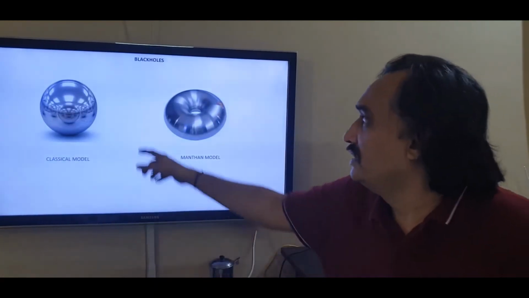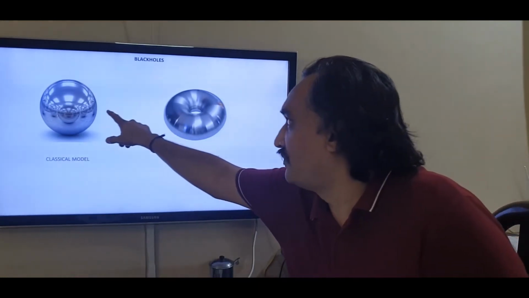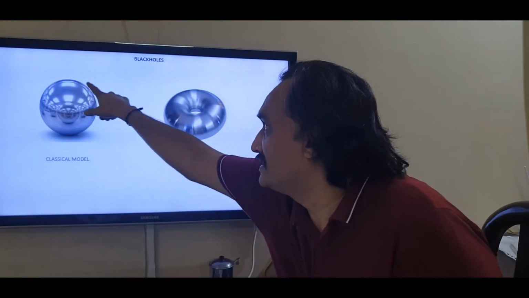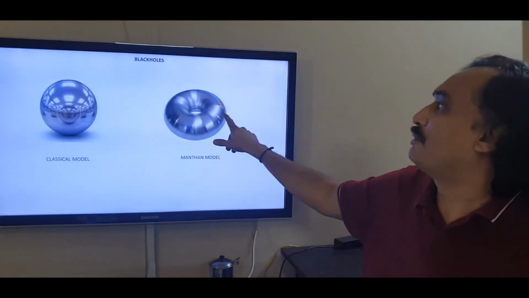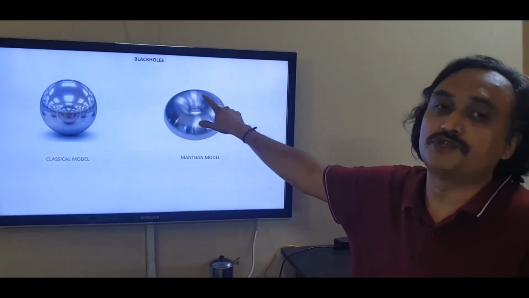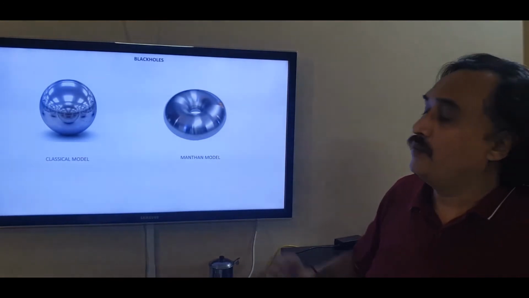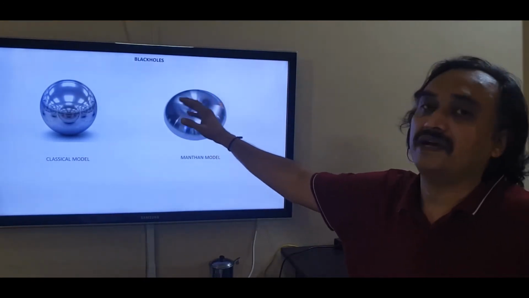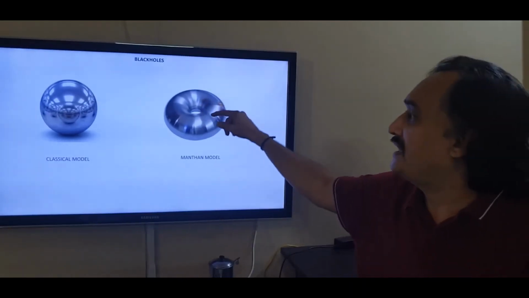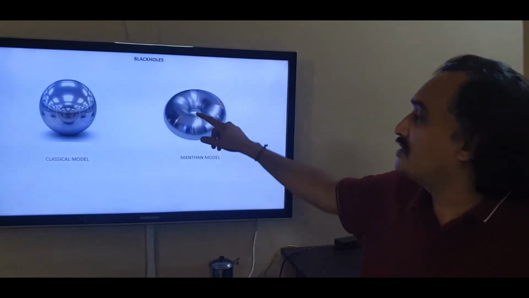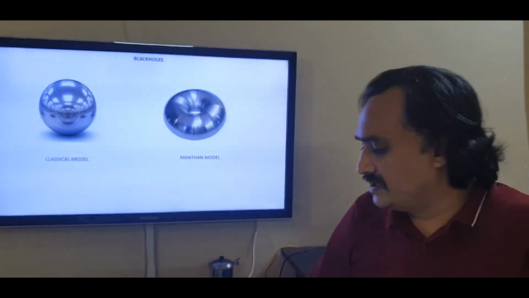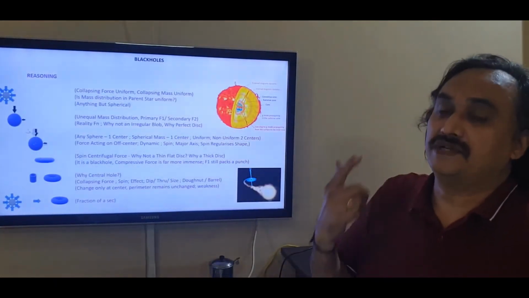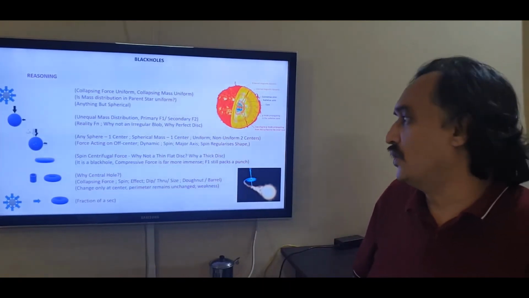But if the mass is falling here, why would it come out of this? It would come out only when there is a weakness there, and that is possible only here. This seems to be the weakness, where the spin, the centrifugal force, is pushing the collapsing force, and that is why. And the burp is not just in one direction, it is in two directions, both up and down, and that is why we say it is a through and through hole.